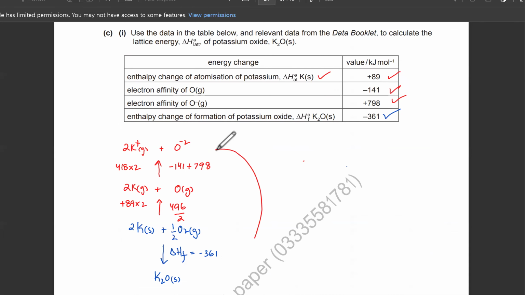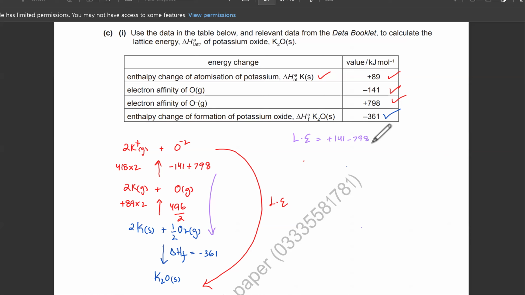And once you have ionized, then that's equal to your lattice energy. So one path is equal to the other path, your other path being this path over here, all of this path. So your lattice energy is equal to, so remember, again, be very careful with the signs. So it's going to be what? Plus 141. Everything has to go in the other direction. Plus 141, minus 798.